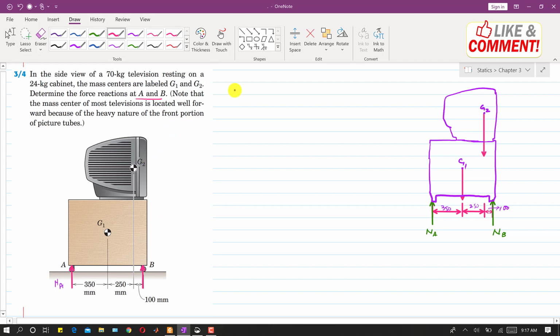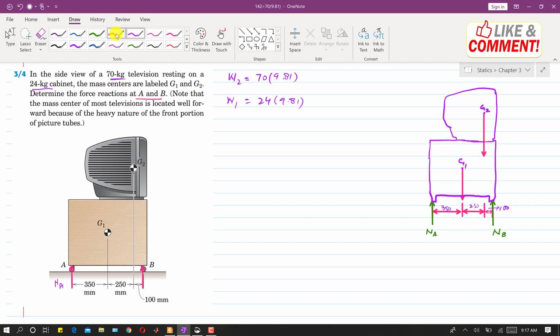And let's say that the weight of the television is W2, right? So W2 will be equal to the mass of the television, 70 kg, so it will be 70 into 9.81, and W1 will be 24 kg, the mass of the cabinet, so 24 into 9.81, and these weights will act at G1 and G2.